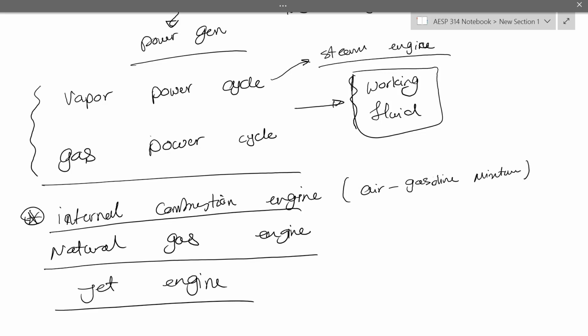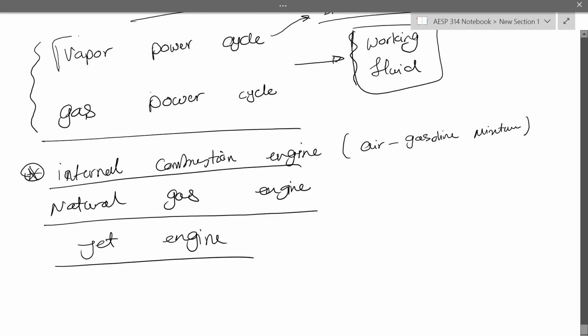It doesn't matter how you boil the water. You can use a geothermal plant, nuclear plant, doesn't matter. As long as the working fluid inside that cycle that generates the electricity is water, liquid, that turns to vapor, you have a vapor power cycle. Okay? Does that answer your question? So your example is correct, right?